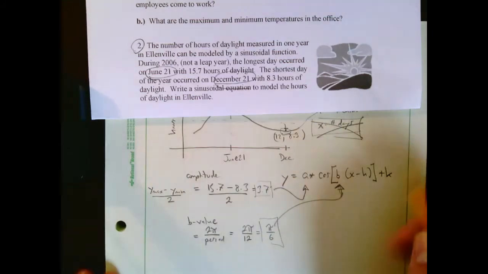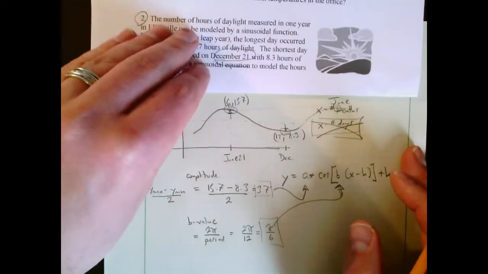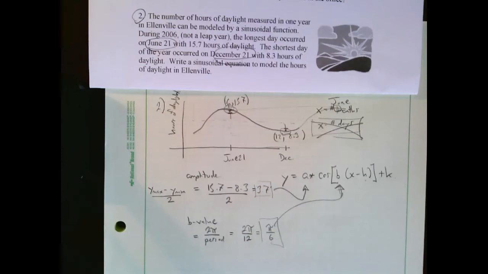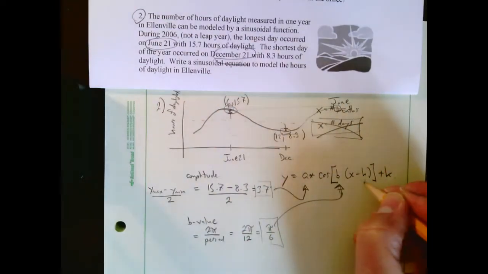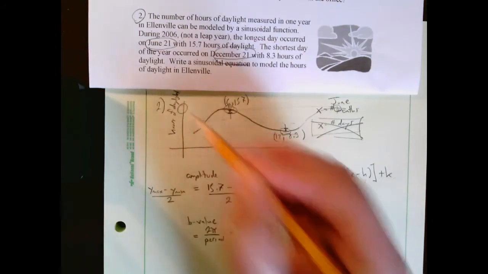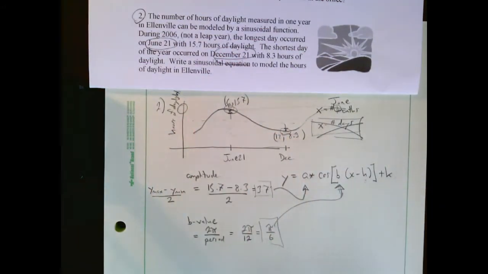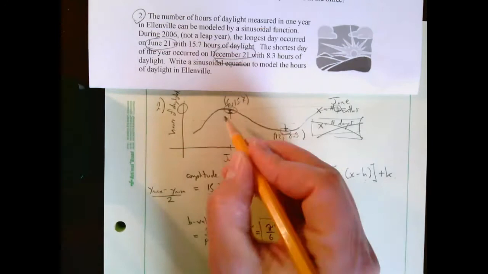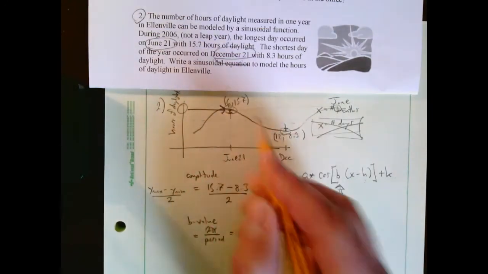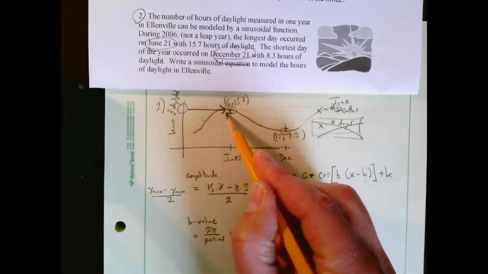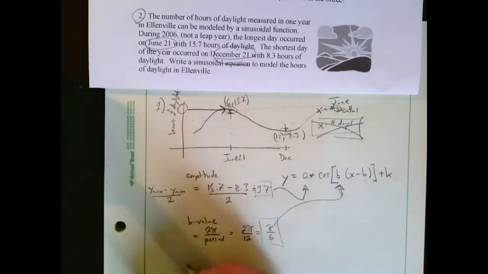Done. Okay, h value. H value is why we use cosine. This is just going to be what phase shift do you have to the right. So normally cosine starts on your y-axis. It starts up top. So whatever your first y max value is, that's your phase shift.